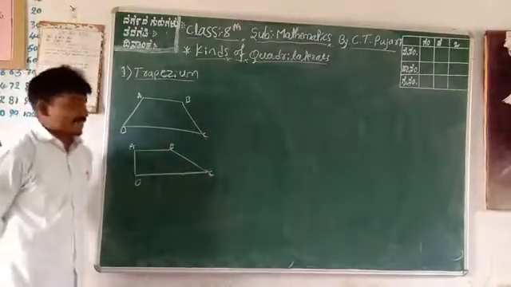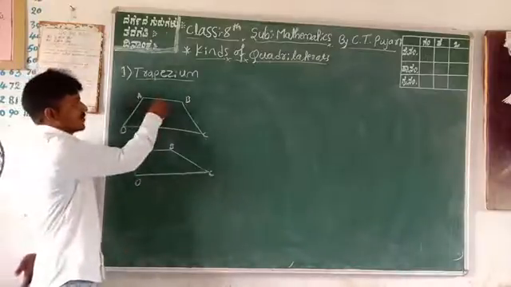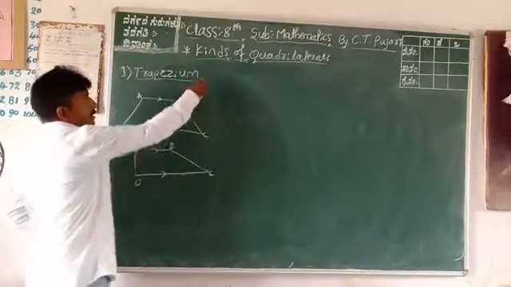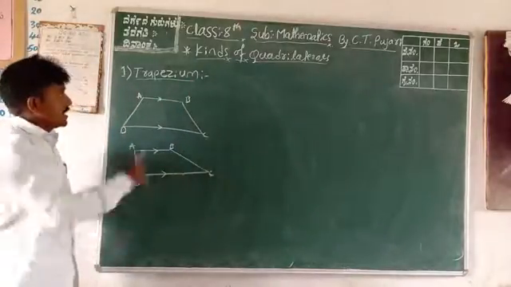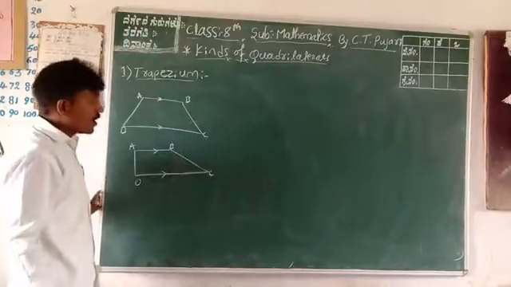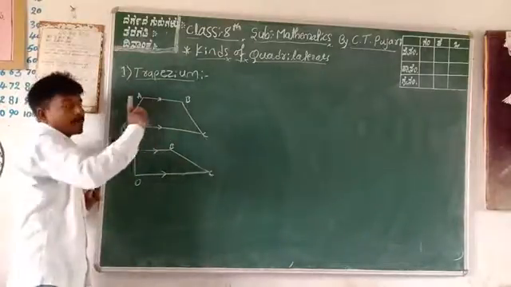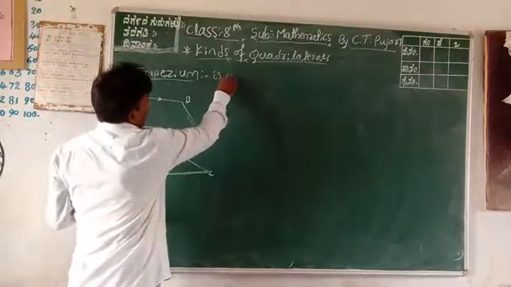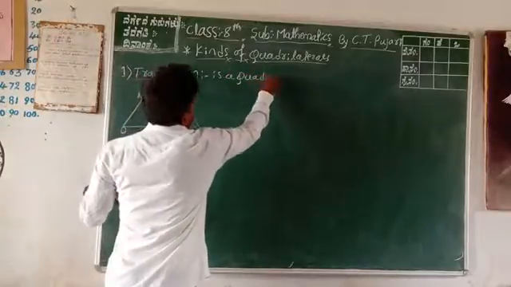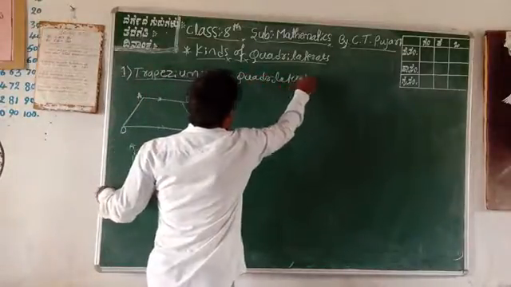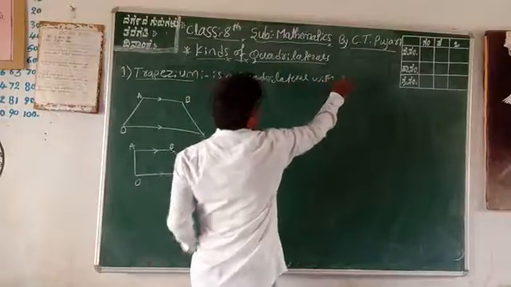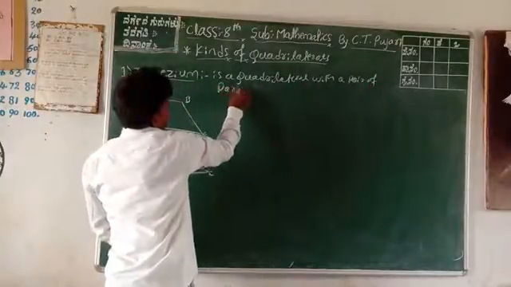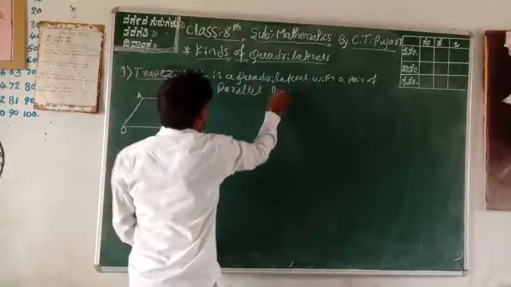What are the characters of the trapezium? A trapezium is a quadrilateral with only one pair of sides parallel.